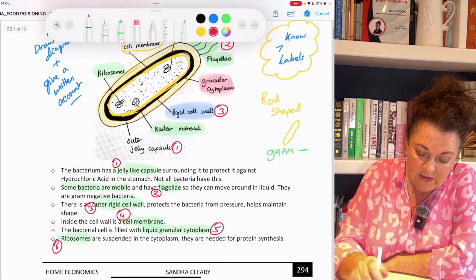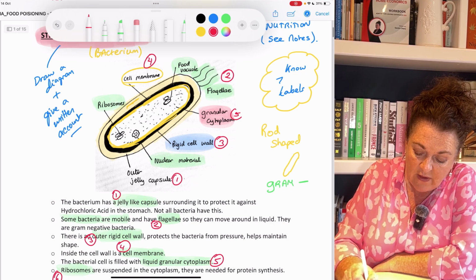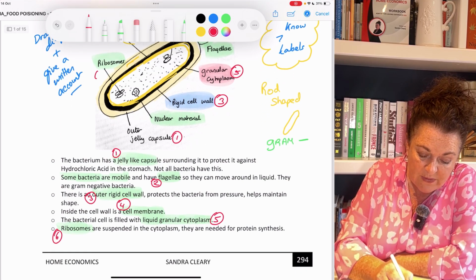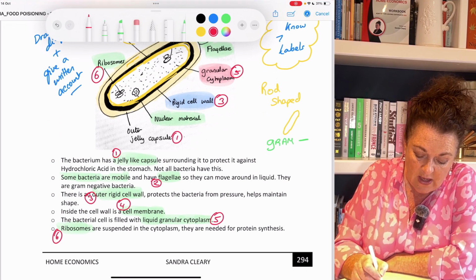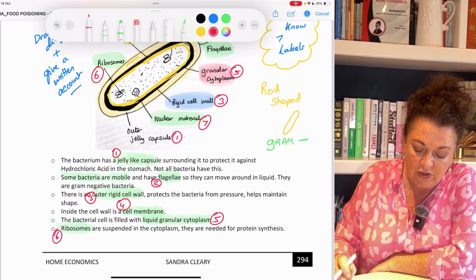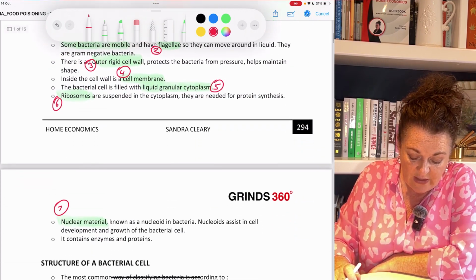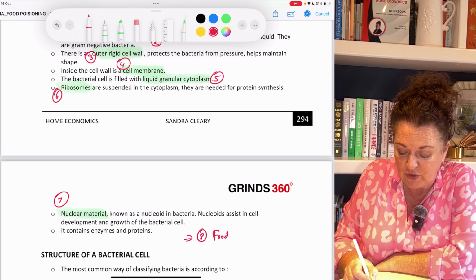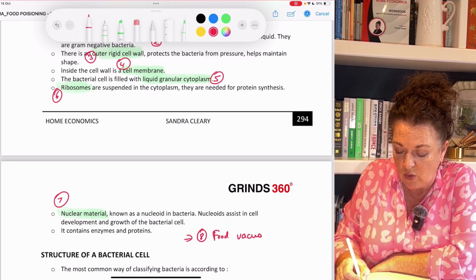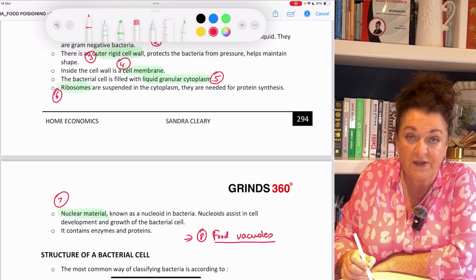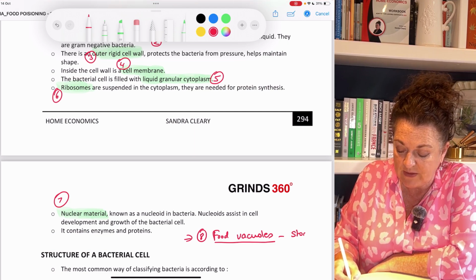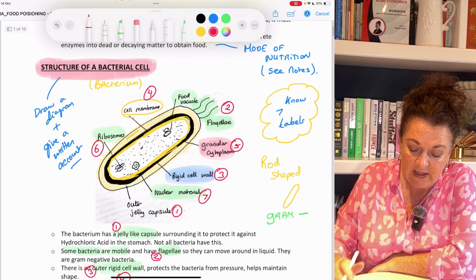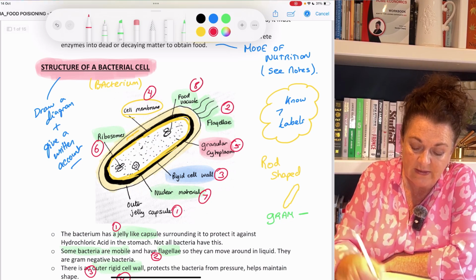We have our cytoplasm, which is 5. We have our ribosomes, 6. And we have our nuclear material, which is 7. Now we do have an 8th one, which is the food vacuole, but you certainly wouldn't need all of them if you were drawing a diagram, but just to know that it stores food, and we'll just label our food vacuole then as 8.